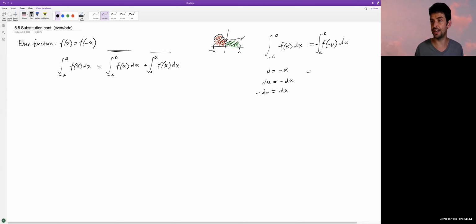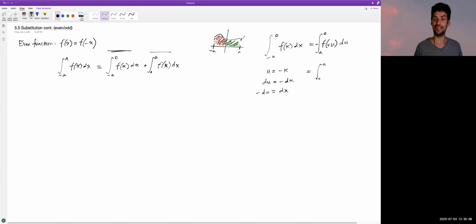Notice I have a negative out front and the integral from a to 0. One of the properties of the definite integral is that switching the bounds on the integral gives us a negative. So if I change this to 0 to a, I pick up a negative, but I already had a negative, so it leaves it as a positive.